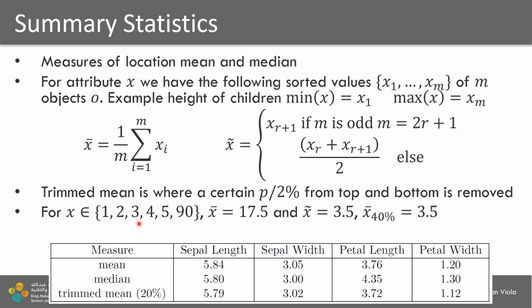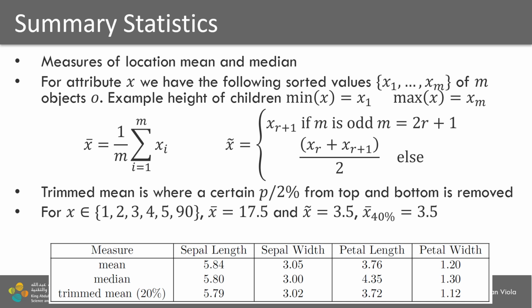And then the trimmed mean at 40% will also be 3.5. So 40% means that we are removing 20% from the top and 20% from the bottom, and then from the rest we simply calculate the mean, and we end up at 3.5.